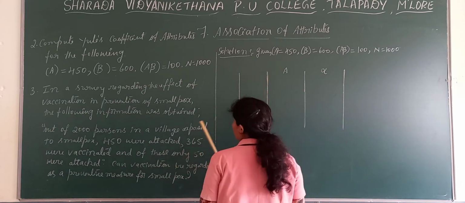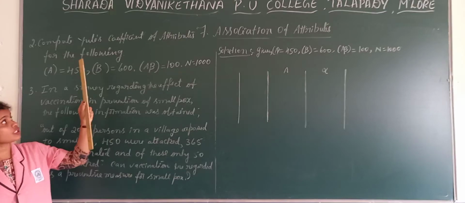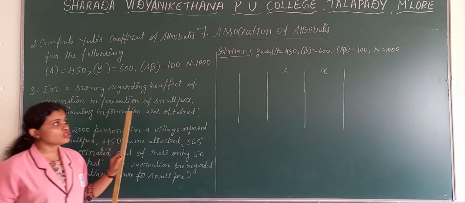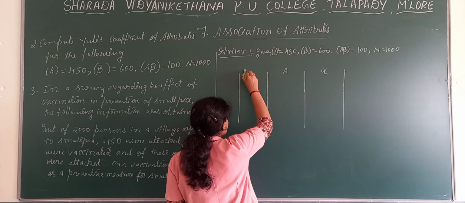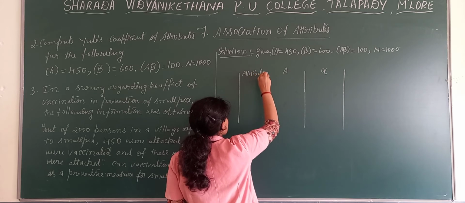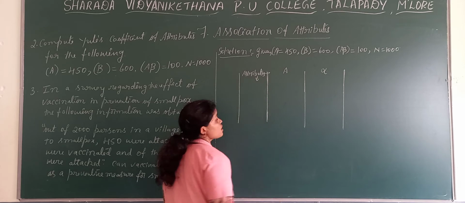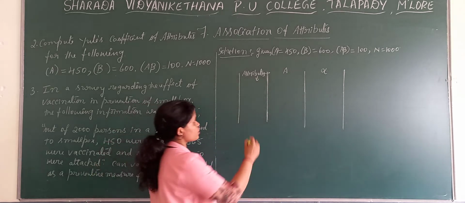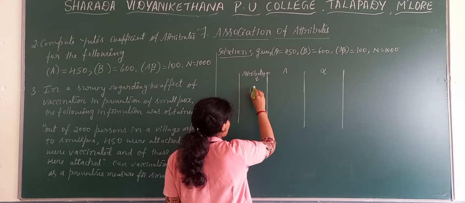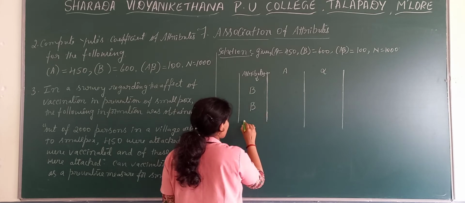Now in this second problem they have not mentioned which are the attributes. They have just given the attributes, so we take them as attributes. There will be 2 attributes, horizontally as well as vertically. The first attribute is A, the second one is B and beta.